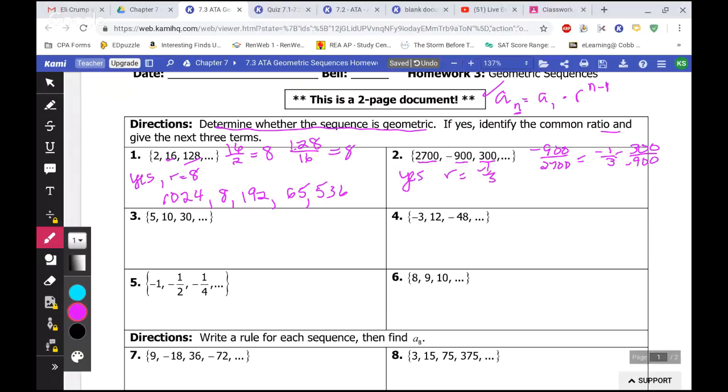So now when I take 300 and I'm going to be multiplying that by a negative 1/3, then I'm going to get negative 100. And then when I take negative 100 and I multiply it by a negative 1/3, that gives me a positive 100 over 3, which 3 into 100 is 33.3, repeating.